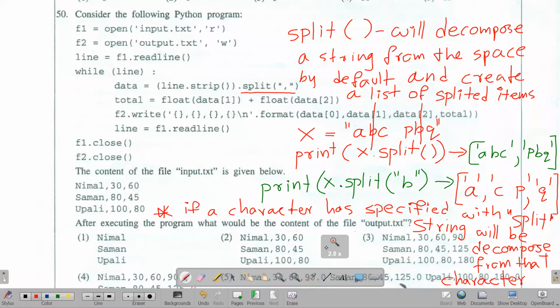So take it down, people. It's about the strip and the split.